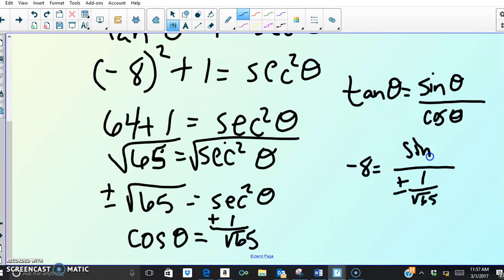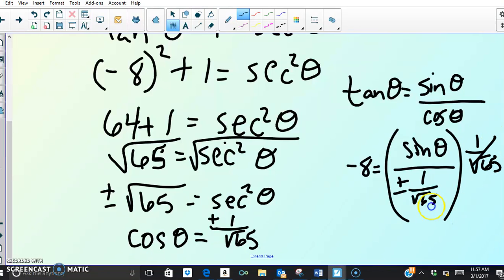And sine theta on top. So now we can solve just by multiplying. Remember, we're going to take 1 over the square root of 65, so those cross out.